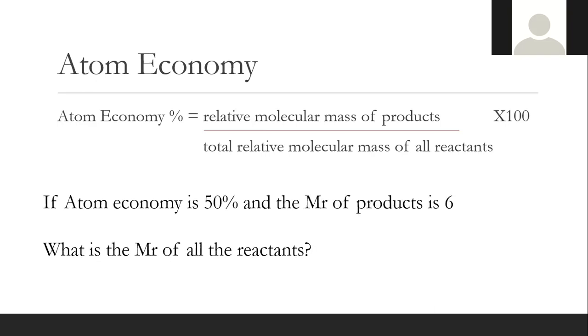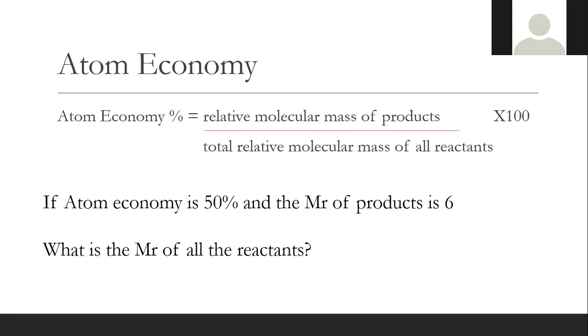So if atom economy is 50% and the relative molecular mass of all products is 6, what is the relative molecular mass of all the reactants? Well, you could rearrange this equation.